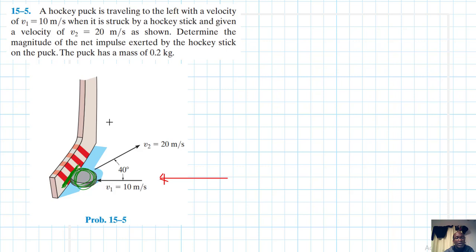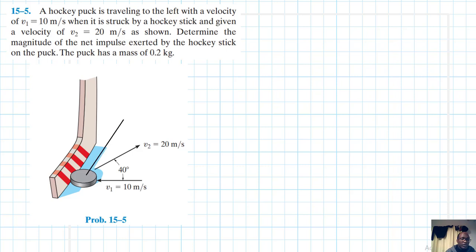Since impulse and momentum are vector quantities, they have both direction and magnitude. Right, and force times delta t, which is impulse, is equal to m times change of velocity. Okay, so let's draw the free body diagram of the forces and see what is happening.